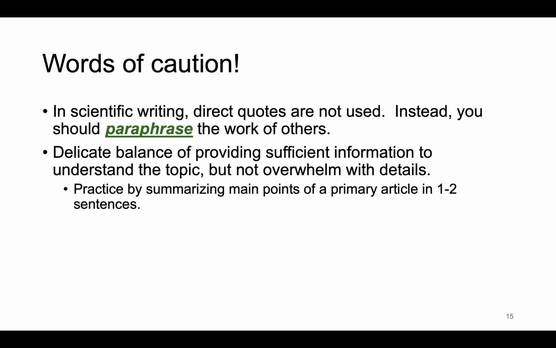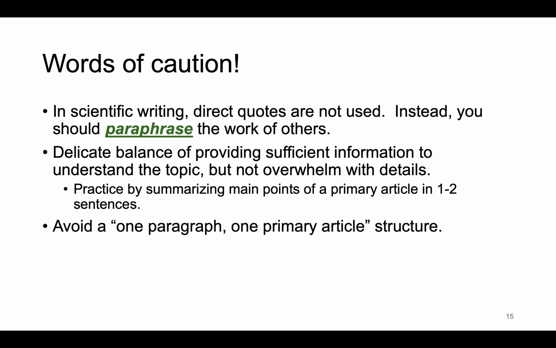So I encourage you to practice summarizing the main points of a primary article in just one or two sentences, and really get at what the main points of this primary literature piece are and why it is relevant to this larger topic.